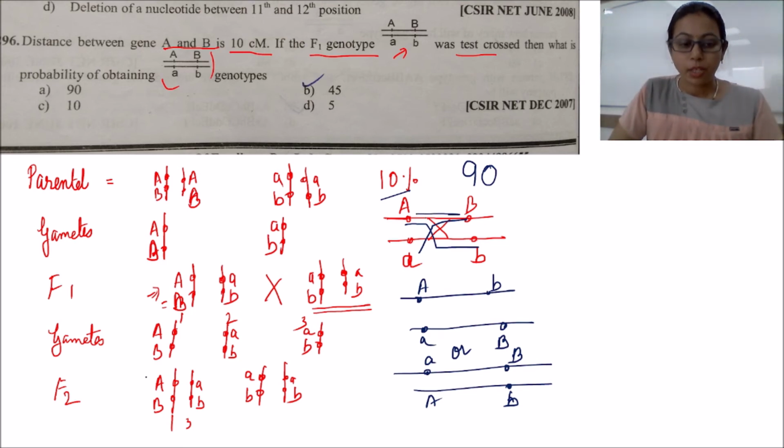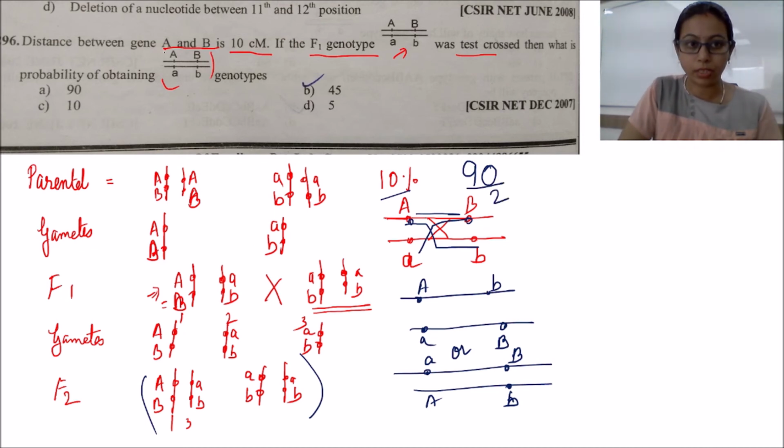So here you see, when there is no crossing over between the A and B locus, what will we have? We will have two different types of progeny. Out of the 90%, half will have the A B genotype, which the question is asking about, and the other half will be the completely recessive one.